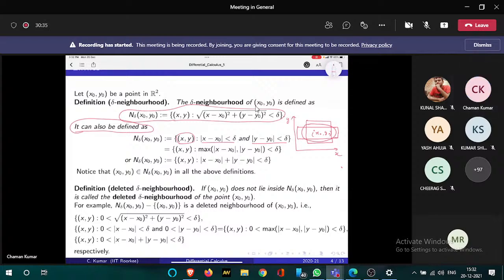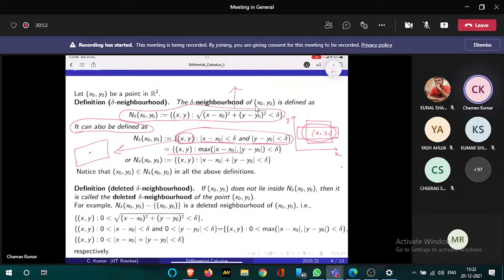Okay, so the shape of the first definition gives you the circle, but the shape of the second definition gives you a rectangle around the point x naught y naught.